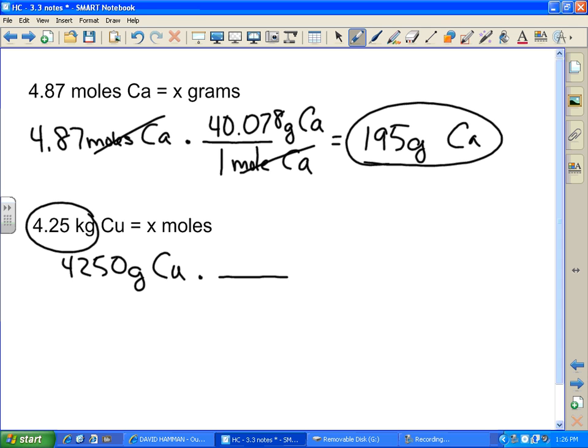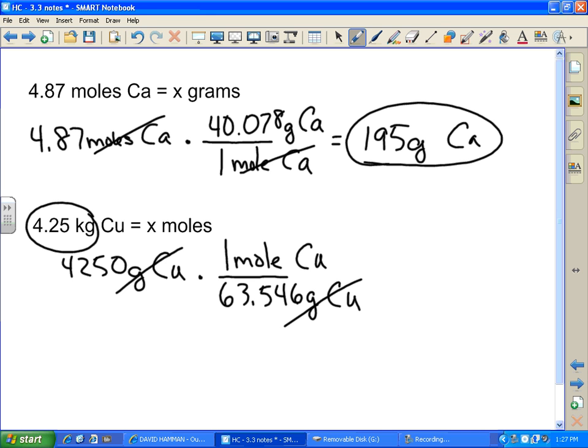Again, the conversion factor we use is molar mass, but now the conversion factor is flipped. In 1 mole of copper, the molar mass is 63.546 grams. We started with grams, so we're canceling them out. And in our final answer, we're left with the moles of copper that are in this sample. Rounded to correct significant figures, it would be 66.9 moles of copper.